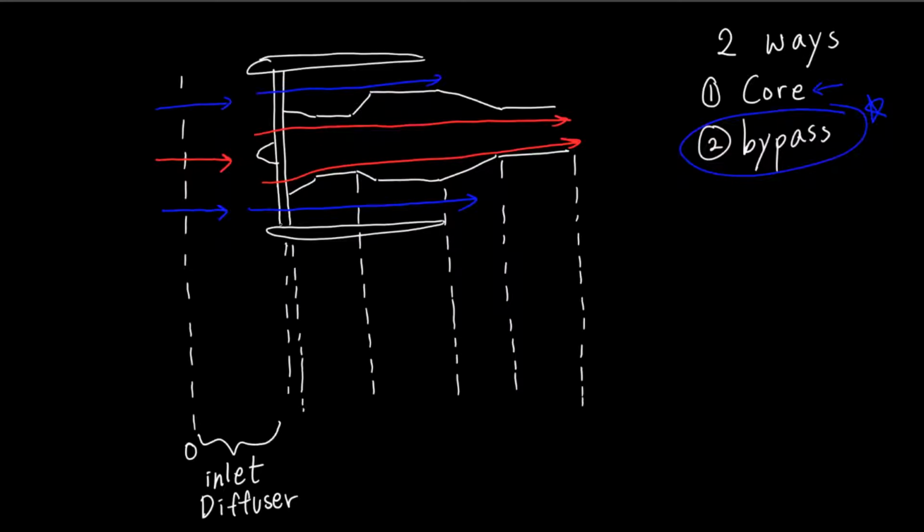I don't have enough space to write everything down, so I'm just going to talk about it. And here we have the fan. And we all know what a fan does. A fan accelerates the flow. It's responsible for sending air to the rearwards of the turbofan. So what do you think happens to the pressure?